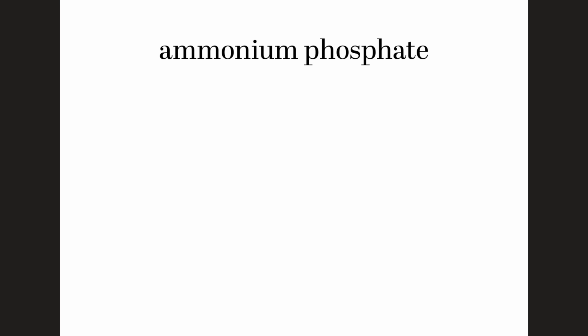One's a positive ion, one is a negative ion. So let's look at ammonium. We look at the polyatomic ion list. We know it is NH4. It does have a positive 1 charge. We look at phosphate, that is PO4. It has a negative 3 charge.